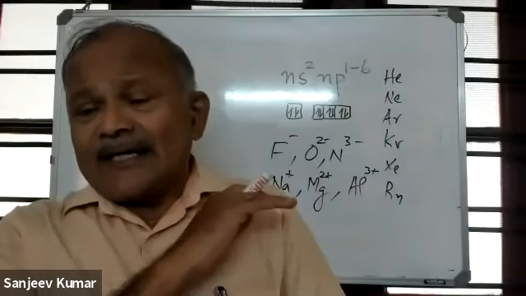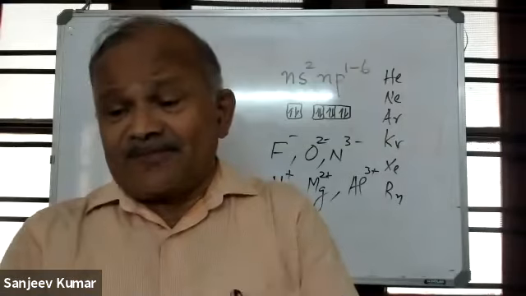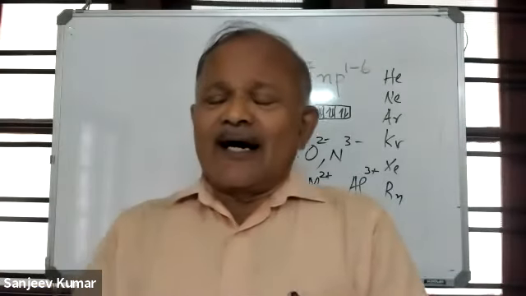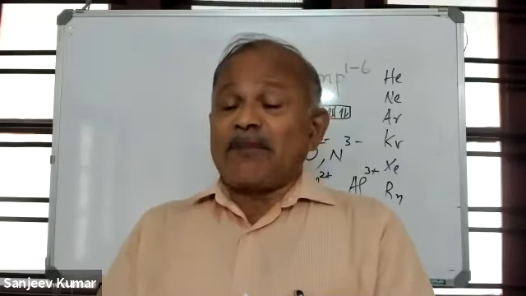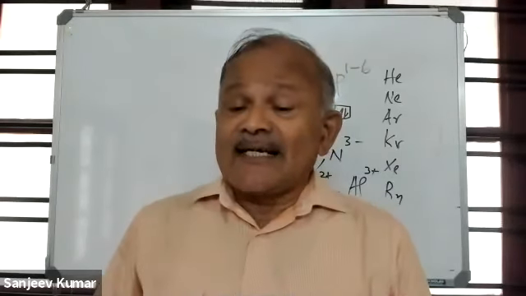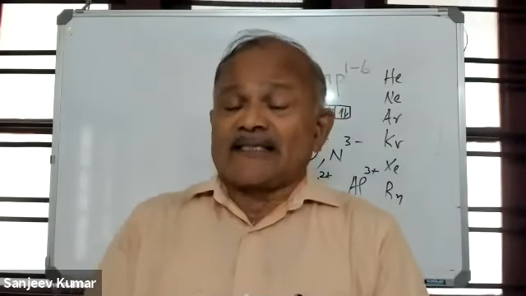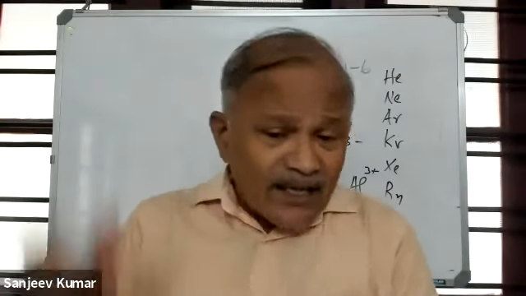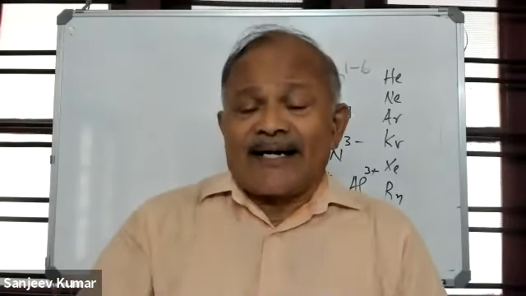And we know that across the period it increases, down in the group it decreases. Therefore, in halogens, fluorine, chlorine, bromine, iodine, we will expect that fluorine has the highest, F-F bond is highest, and I-I bond is smallest. Fluorine greater than chlorine greater than bromine greater than iodine.